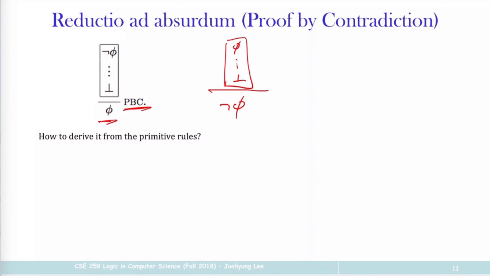Suppose we don't know this rule. So our goal is, suppose we can derive this part. Okay? From this, we can immediately get what? From these things, without using the PBC rule, what can you derive?